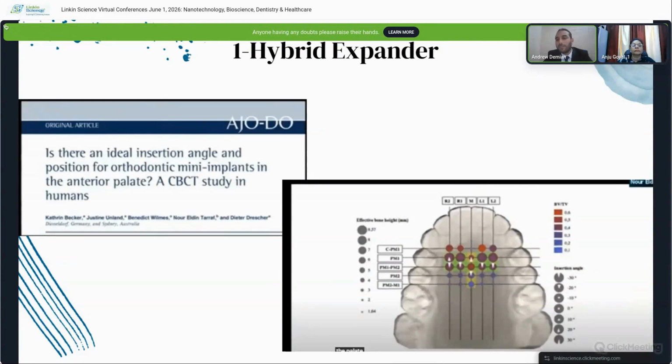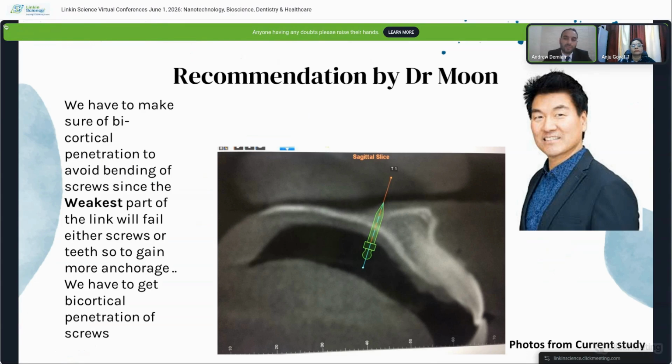And a recommendation by Dr. Moon, who is an expert in hybrid expanders, is that we have to get a double penetration through the cortical plates, so that we have proper skeletal anchorage, and that would help us have a proper skeletal effect. Because, as I mentioned, we are doing the ALT-RAMEC protocol, expanding and constricting the maxilla, so we have to ensure that we hold the maxilla properly to do such a technique.